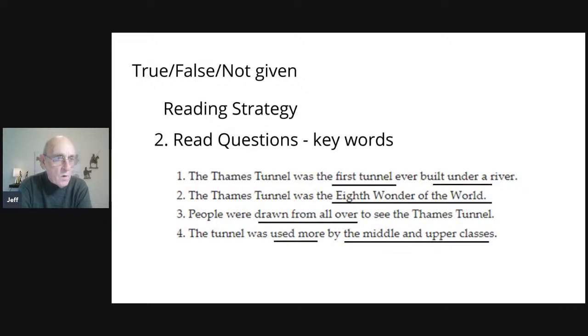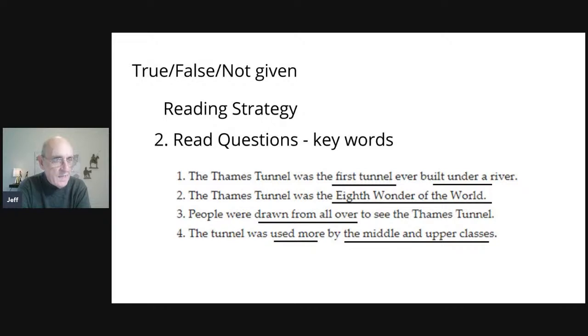So the words that I've underlined are some of the keywords that I've just mentioned. In number one, the Thames Tunnel was the first tunnel. I'm going to underline first tunnel because first is a good adjective that gives us a clue. I'm not looking for information about the second tunnel or the last tunnel. I'm looking for information about the first tunnel.